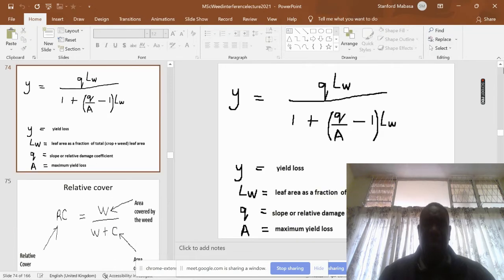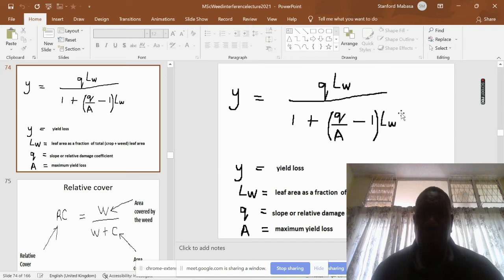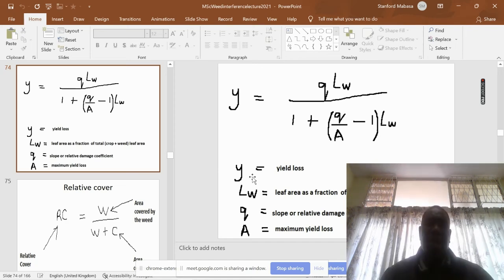And of course, this is the equation they proposed: yield loss Y equals Q multiplied by LW, everything divided by 1 plus, in brackets, Q over A minus 1, multiplied by LW. So Y is the yield loss.